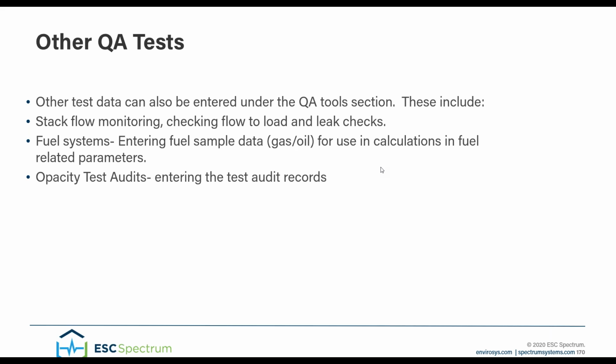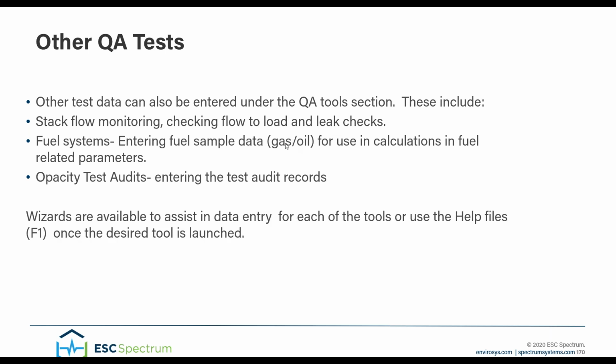All right, you have some other QA tests that might be required. Things like your stack flow monitoring, your flow to load, your leak checks, fuel sampling data if you've got fuel samples to put in there, your opacity test audits, putting that information in, all available within StackVision.